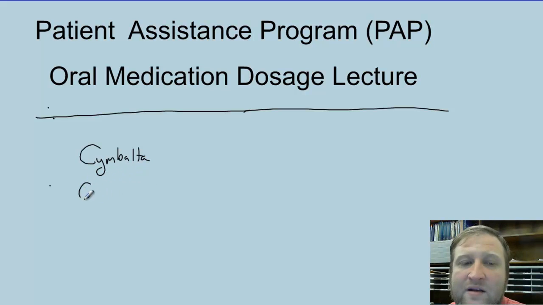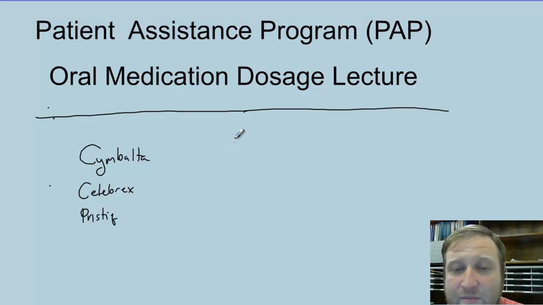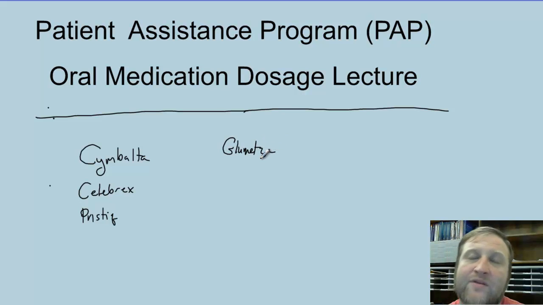Celebrex is very common. Those are very frequent. Prestique is something that we're going to see pretty often. We often see some of our anti-diabetics like Glumetza, which is pretty common as well.